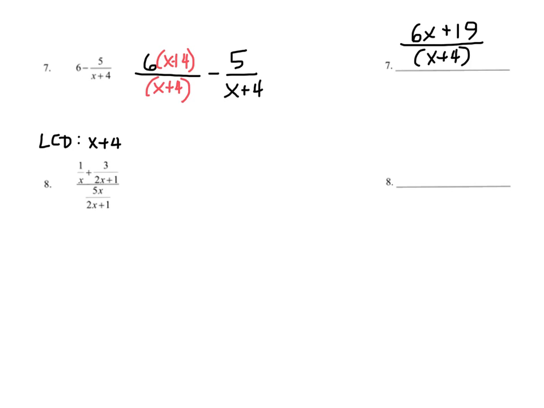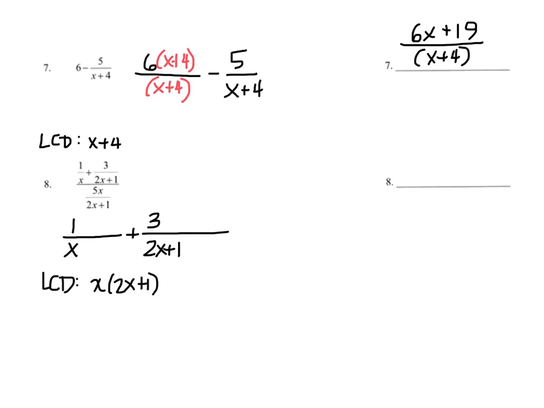Okay, the next one. So we have a numerator with fractions in it and a denominator with fractions in it. So we're going to look at the numerator first. I have 1 over x plus 3 over 2x plus 1. And the LCD of this has to be x times 2x plus 1.